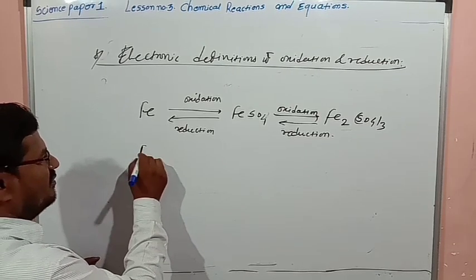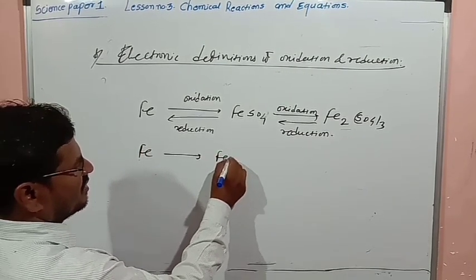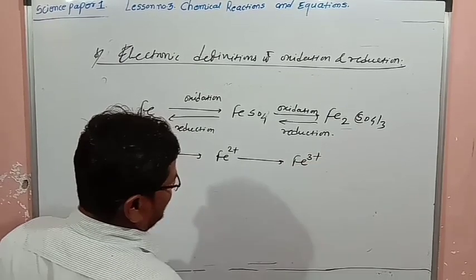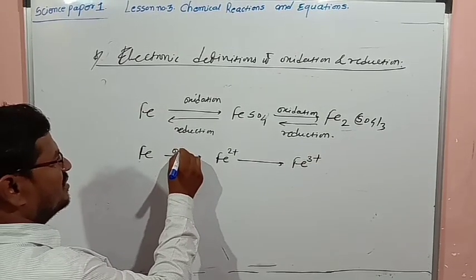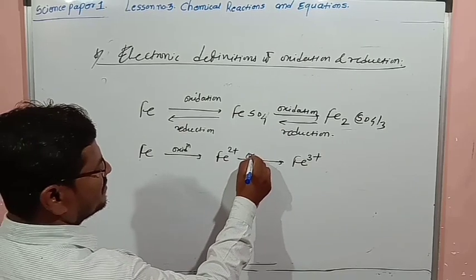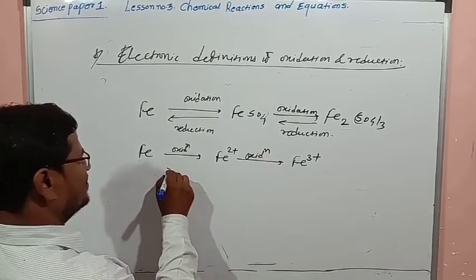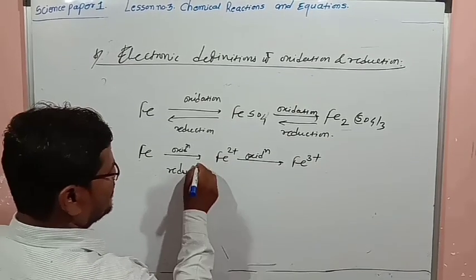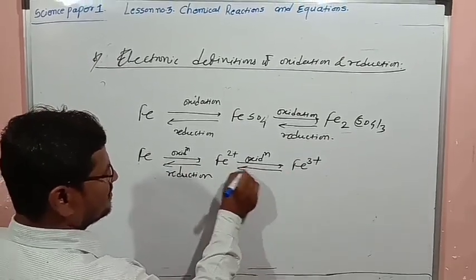We can write this reaction here: Fe is converted into Fe2 plus, and Fe2 plus is converted into Fe3 plus. These are oxidation, and the reverse reaction is the reduction.